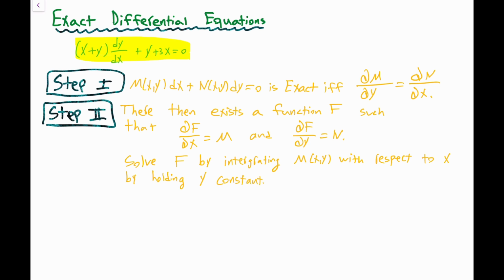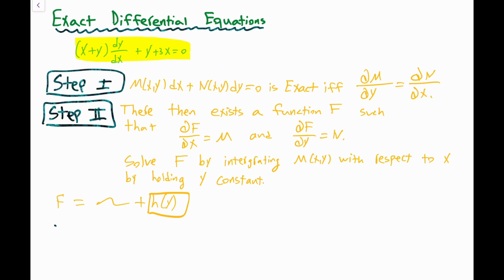Alternatively, you could find f by integrating N of x,y with respect to y by holding x constant, whichever is easier. So we want to find our f, but you're going to get something like f is equal to something plus h of y. So then the issue is finding that h of y, or alternatively finding h of x.